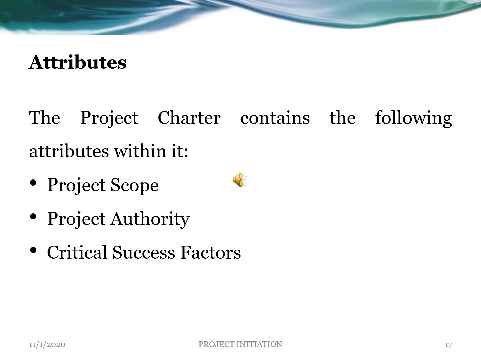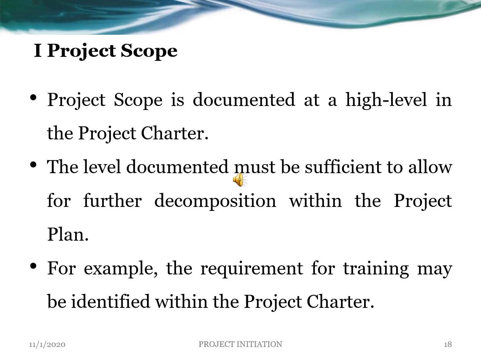Some attributes of the project charter: it should, in fact, contain the following: the project scope, which is very important, the project authority, and critical success factors. What is the project scope?